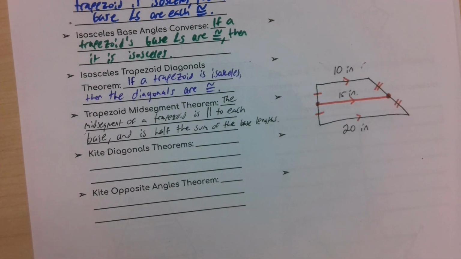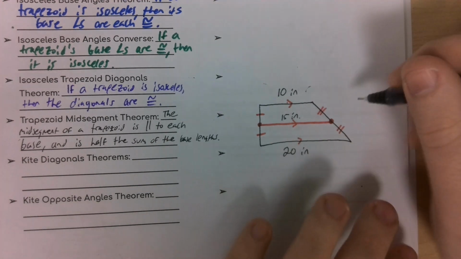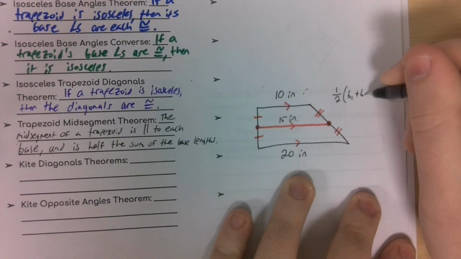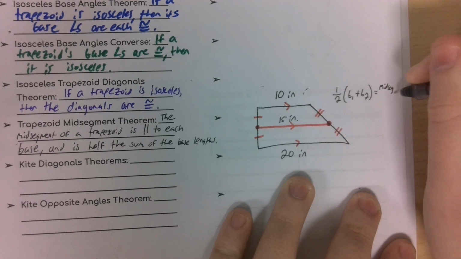So if you add together the two bases and divide by 2, you'll get the length of the mid-segment. The formula for this looks like 1/2 (base 1 plus base 2) equals your mid-segment.